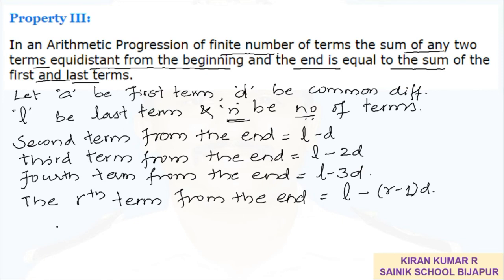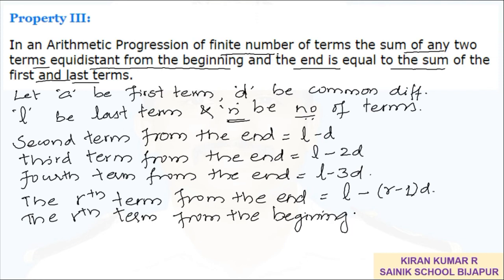We have used the formula a plus (n minus 1) into d. This nth term is from the beginning. If I apply that logic, the rth term from the beginning will be a plus (r minus 1) times d.